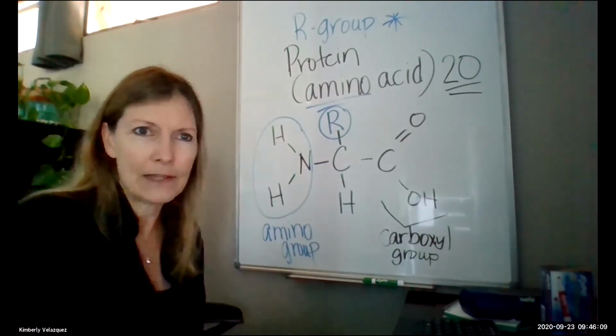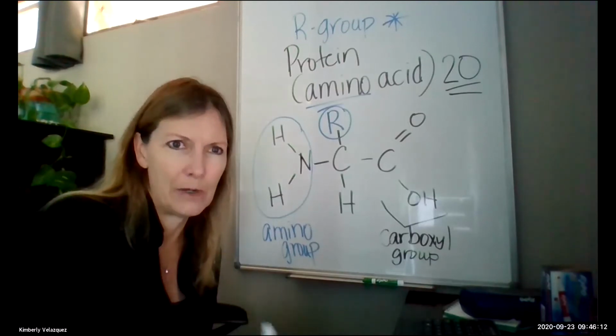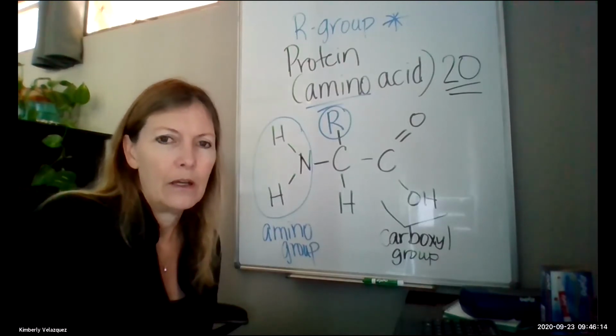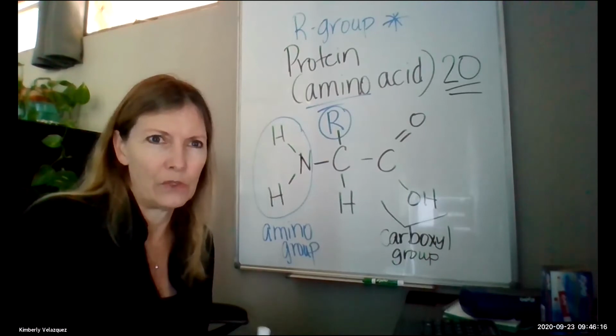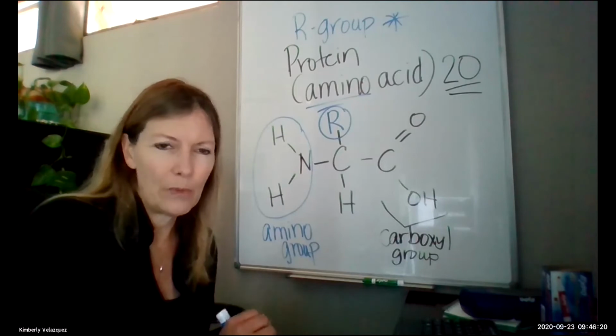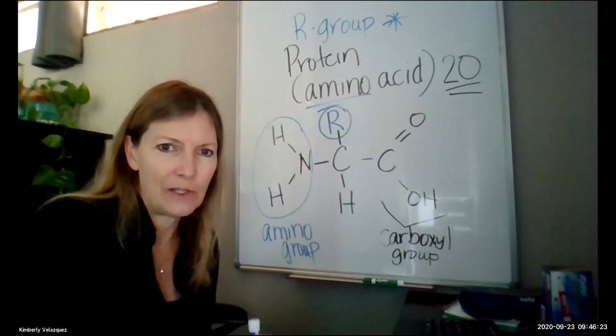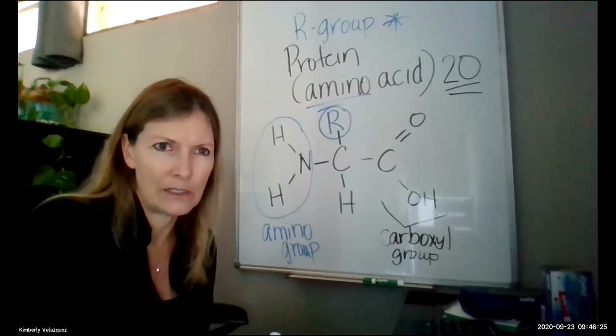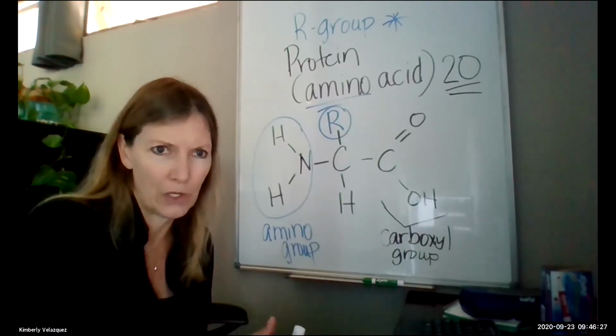A protein has to have a very specific amino acid sequence. It's really one of the most important things you can learn in this class. Every single protein in your body has to have a specific amino acid sequence, and that sequence is the same for every human on Earth.